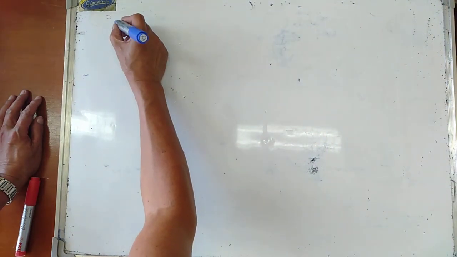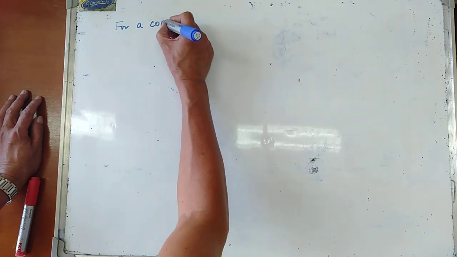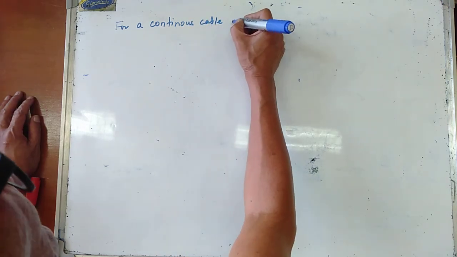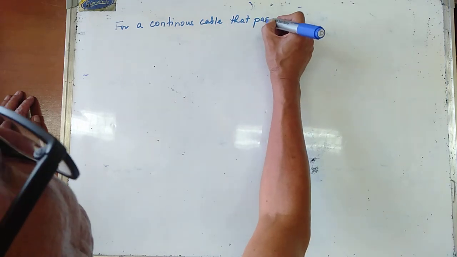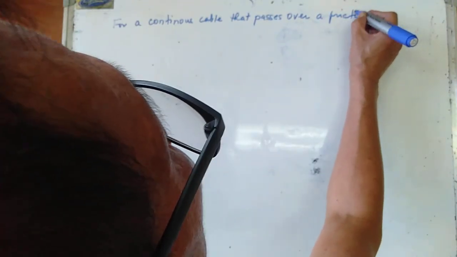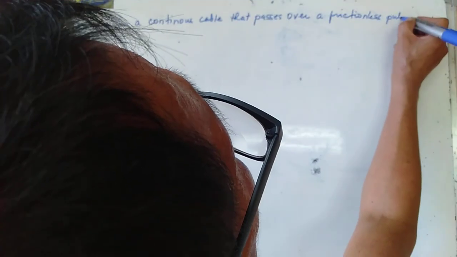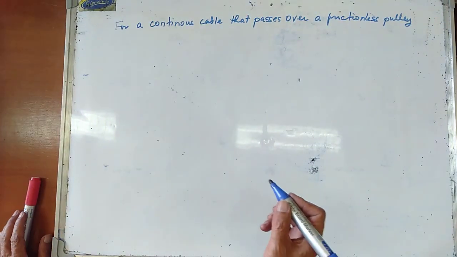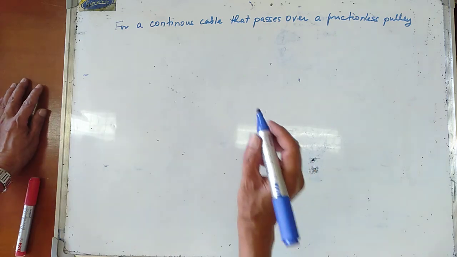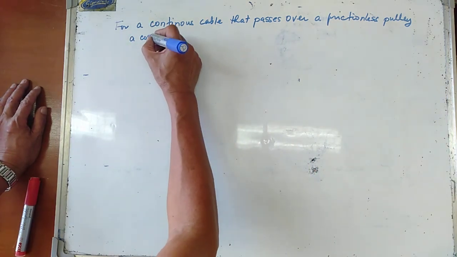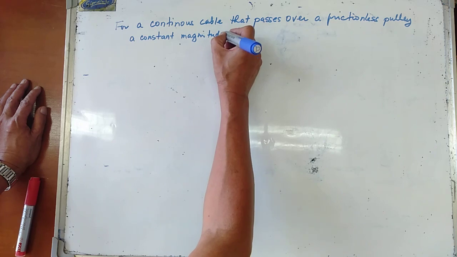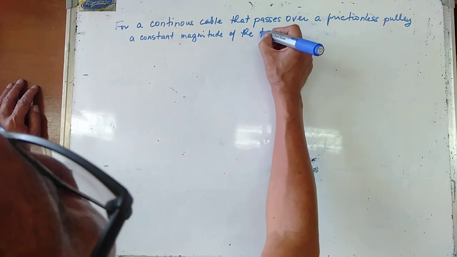Now, for a continuous cable that passes over a frictionless pulley, we have a constant magnitude of the tension to keep it in equilibrium.